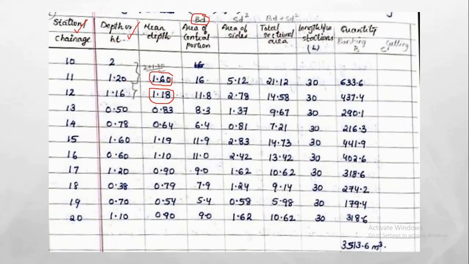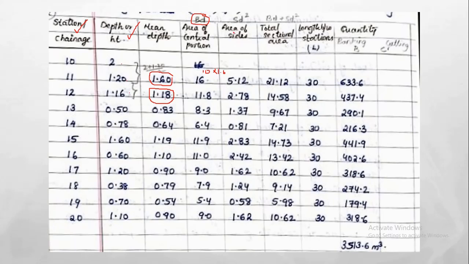So B is 10, and 10 into 1.6 gives 16. In this manner, multiply all the values given here by 10, and you will get the area of the central portion.